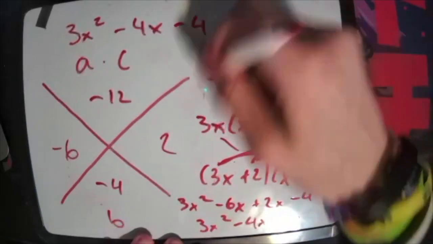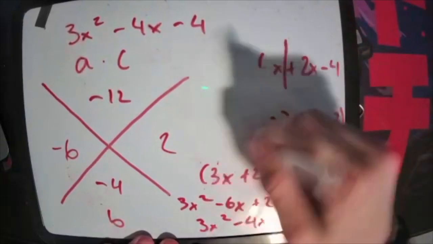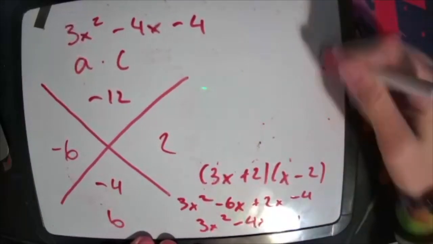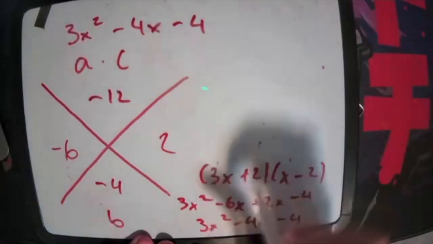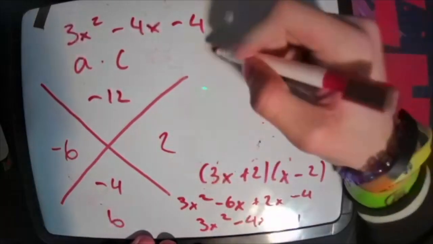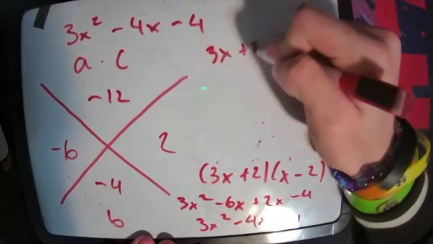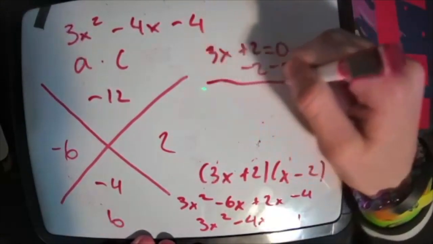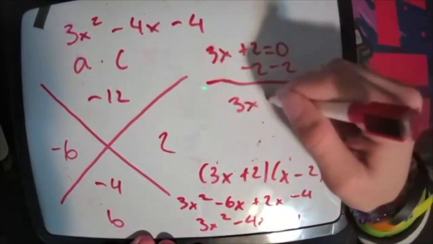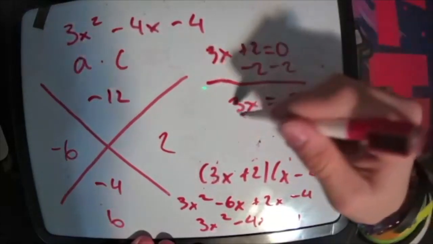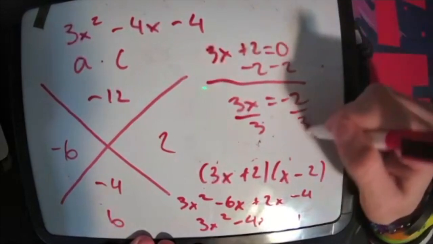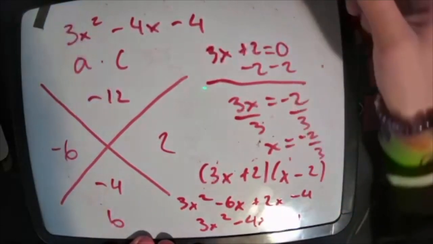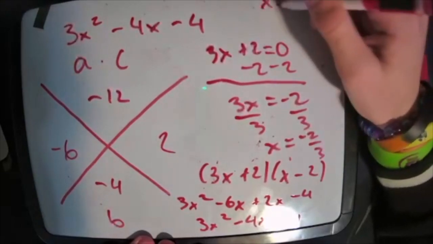And we can find the zeros for this function easily if we just set these two factors equal to 0. So we have 3x plus 2 equals 0, minus 2 on both sides. 3x equals negative 2. Divide that by 3. So one of our x's is going to be equal to negative 2/3.